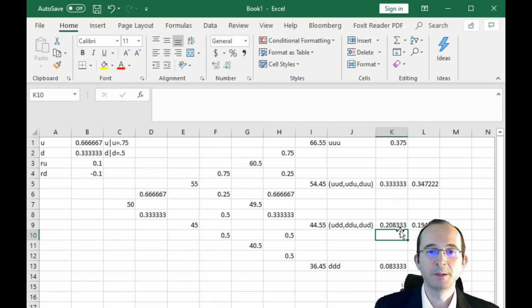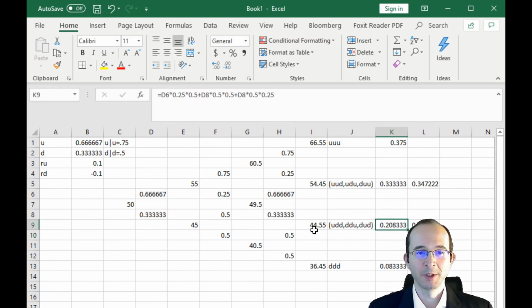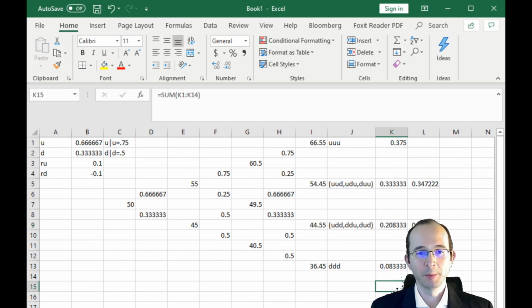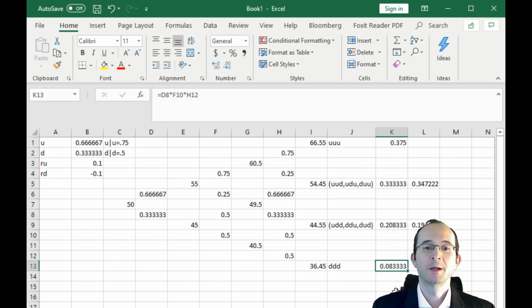And now we see that the probability of ending up in this lower 44.55 state is a little higher than we had erroneously assumed if we actually thought that all the paths were still the same. But now all of our probabilities of ending up in each of the 4 possible states sum up to 1 again.